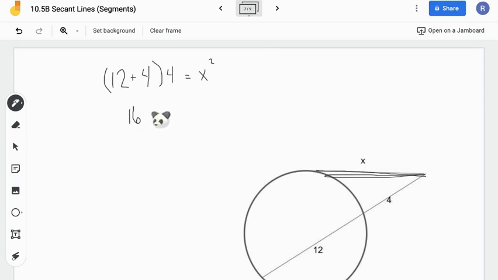So we'll have 16 times 4 is equal to x squared. 16 times 4 is 64 is equal to x squared, which means x is going to be equal to 8. This length right here is going to be equal to 8.